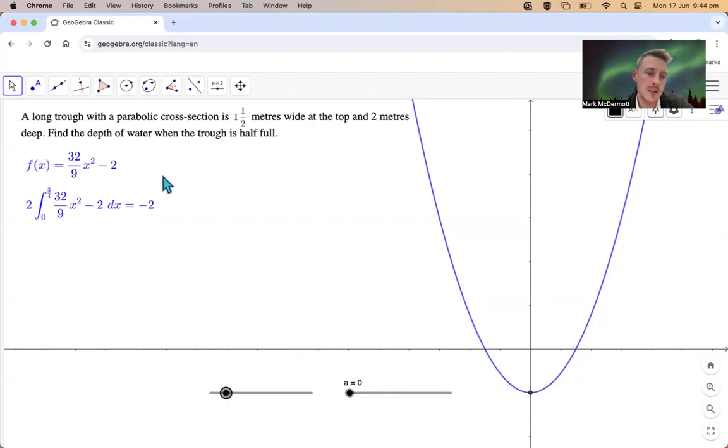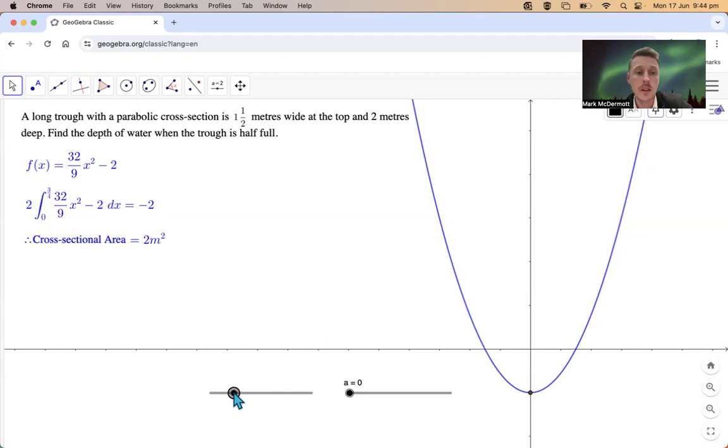But obviously we can't have negative areas. We can only have positive areas. So what we could say from this is that the cross-sectional area is 2 meters squared. Now, obviously I've used a calculator there to work that out. But what we get is a situation where the cross-sectional area here is 2 meters squared.